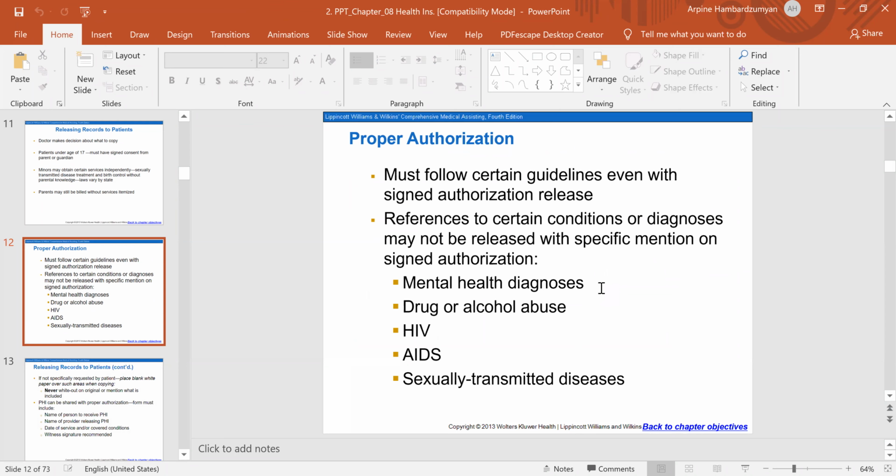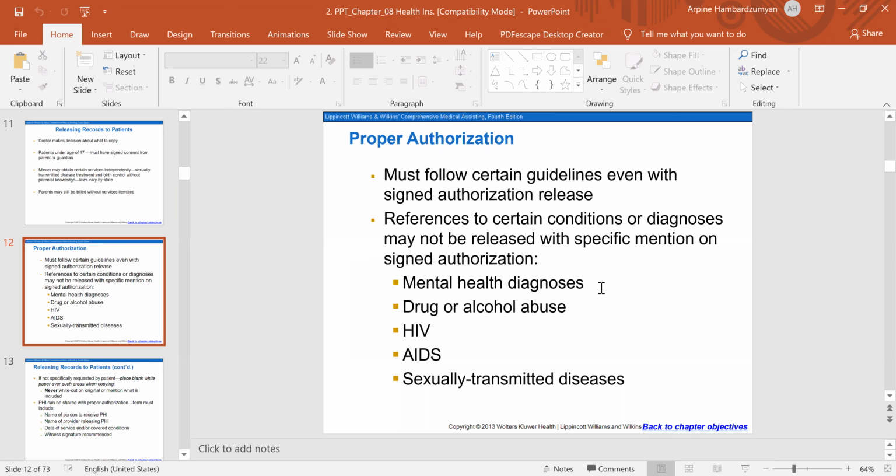So proper authorization must follow certain guidelines, even with a signed authorization release, and we will see what that means. It means when you are requesting an authorization for a procedure, you are asking the insurance company, we are going to do this procedure. Will you pay for this? Can we do this?